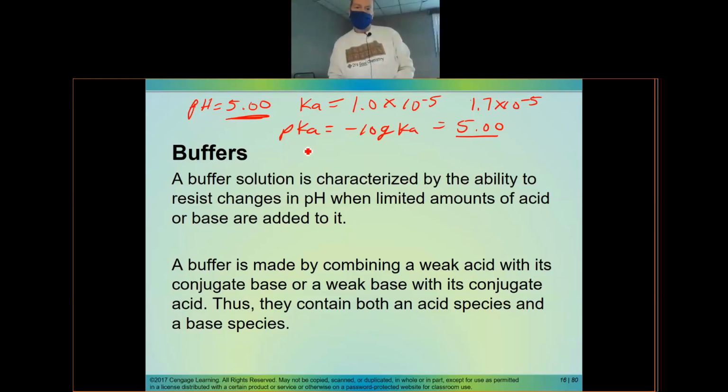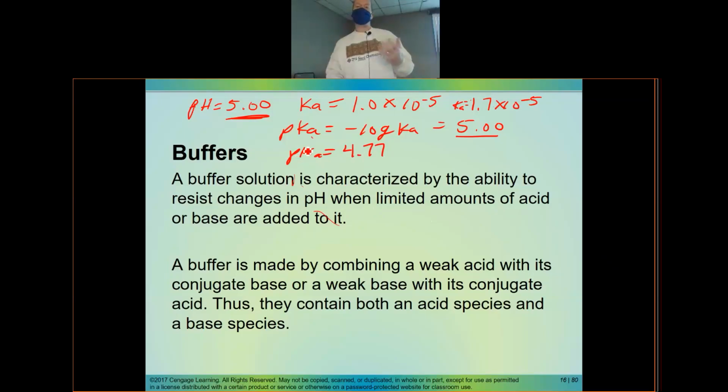So the previous problem had a Ka value of 1.7 times 10 to the minus 5, which gives you a pKa value of 4.77. Yes, 4.77.